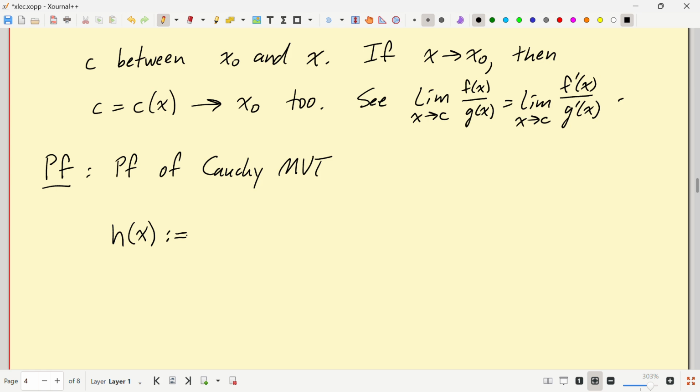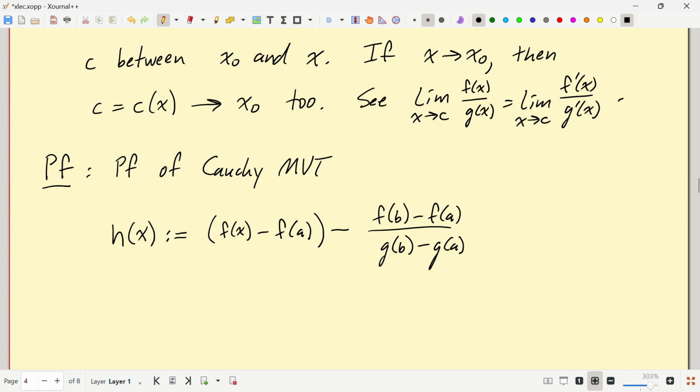And here's what they define it to be: f of x minus f of a minus f of b minus f of a over g of b minus g of a times g of x minus g of a.